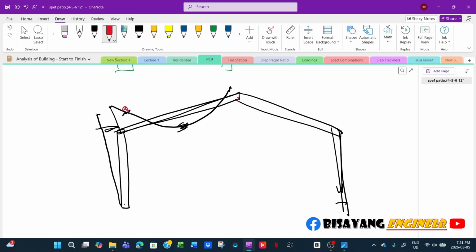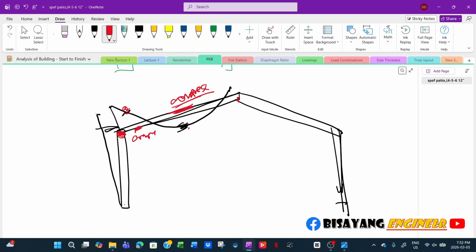This is negative bending. And if this is positive bending, both the top flanges will be in compression. Now, because we have purlins, that will help with the local buckling. But near the haunch, near this joint here, this will be negative bending. That means the bottom flange is the one in compression.